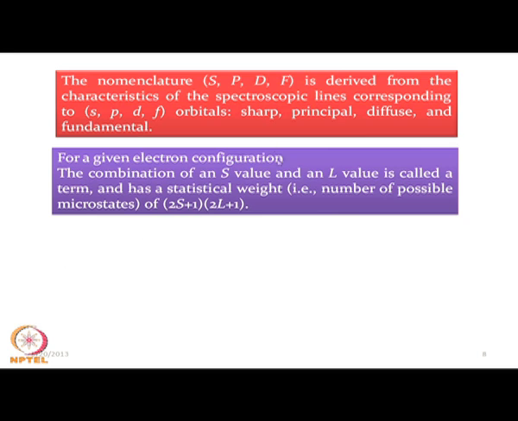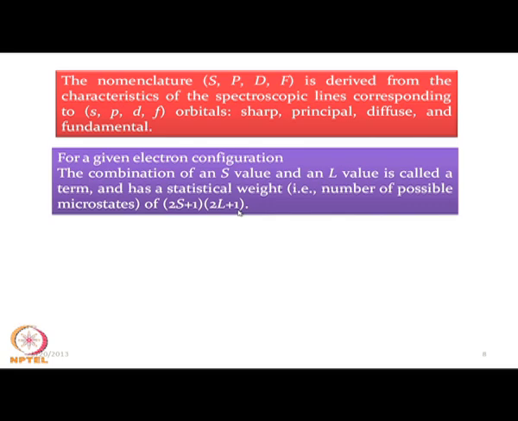So, for a given electronic configuration, the combination of an S value and an L value is called a term. A particular term has one particular S value and one particular L value, and has a statistical weight, that is the number of possible microstates, which is known from 2S plus 1 into 2L plus 1.